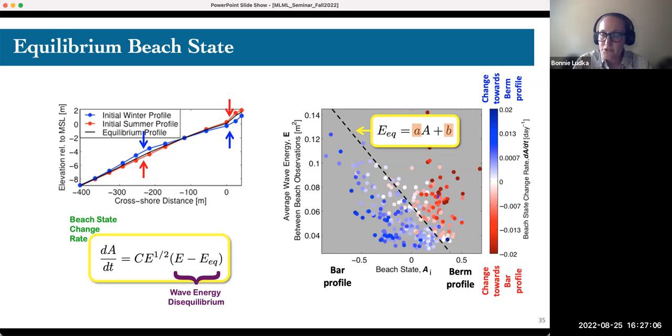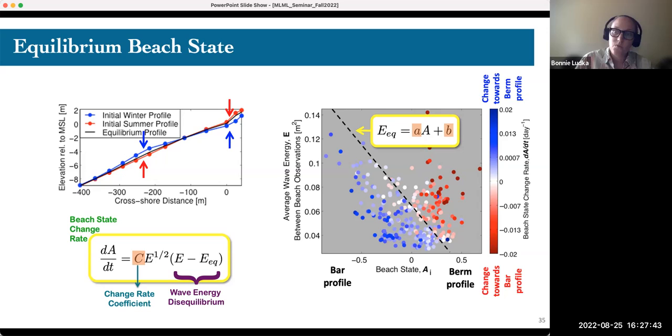We have a few free parameters in this model, two for the equilibrium wave energy and another for the change rate coefficient. I just want to mention that we actually don't get these values from this scatter plot. That was our motivation for the model framework, but the surveys that we are using are spaced a month or many months apart in time. But we are really interested in being able to resolve storms, and we have hourly wave conditions.